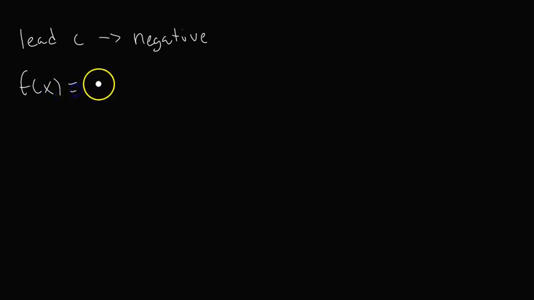Now what happens when our leading coefficient is actually negative instead of positive for our even function? Now if we look at a specific function, we can see that f of x is going to equal negative x squared.